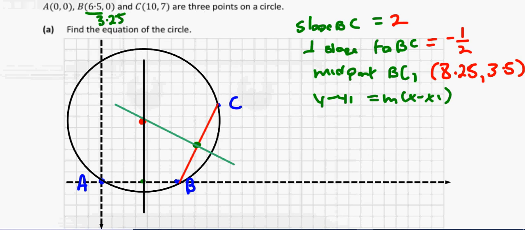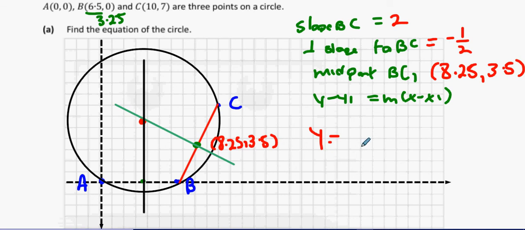So, what we're going to get here is y. And we know that this green point is 8.25 and 3.5.